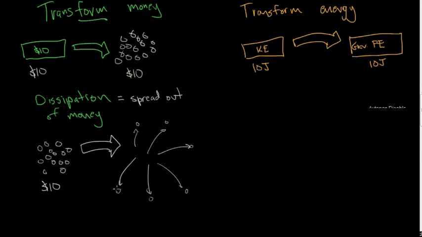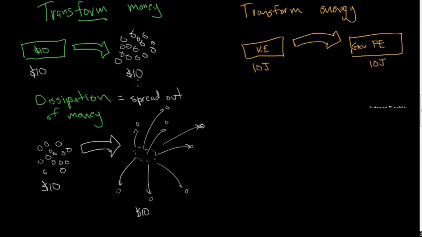But we take that money and we give it all away to different places. Now, at the end, you're going to have in your own pocket nothing left. This money has been spread out. But if you could go around and count all that money, it still exists somewhere, and there would still be $10 somewhere. It's just that it's spread out.